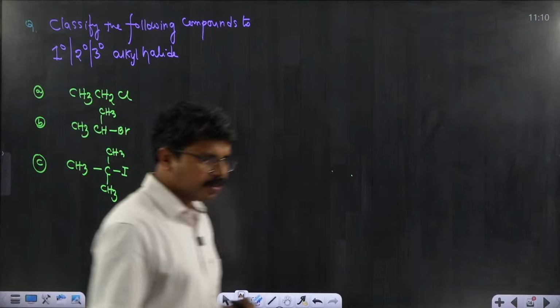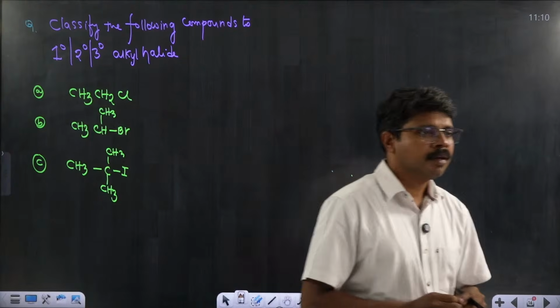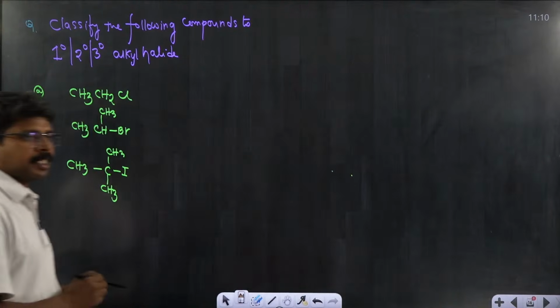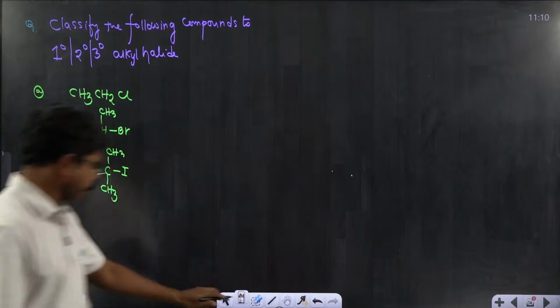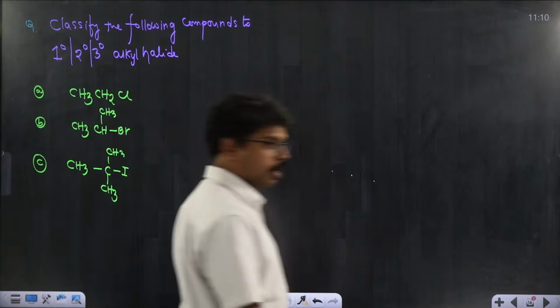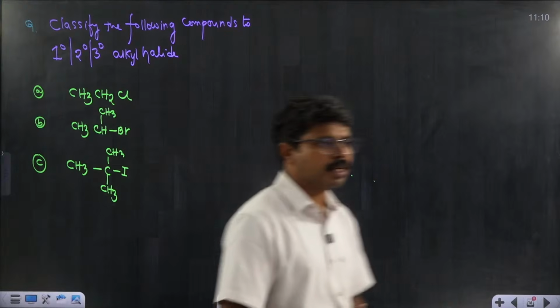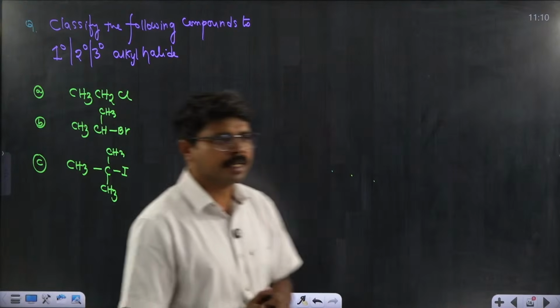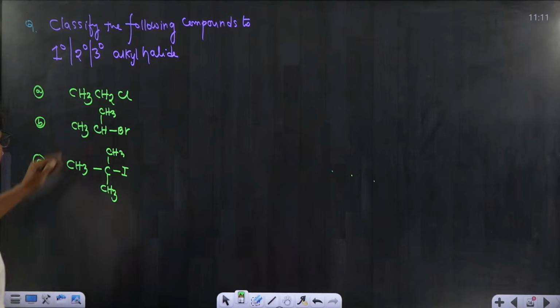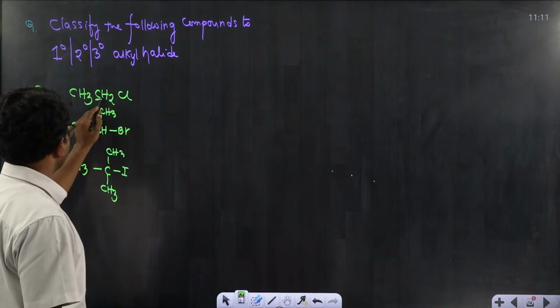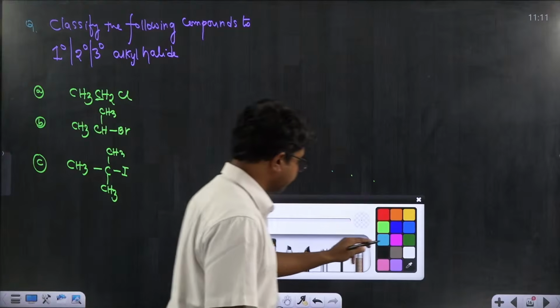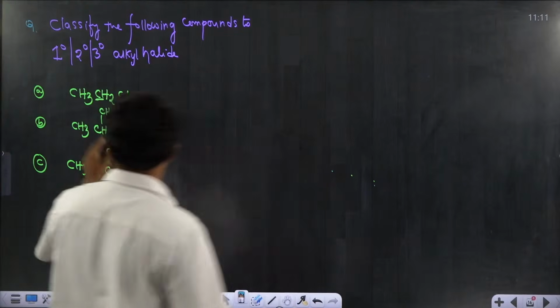Students, I hope you are giving responses. Are you working on these examples? Yes, very good. Some students are giving proper answers. Now, let's work on the carbon to which the halogen is attached.